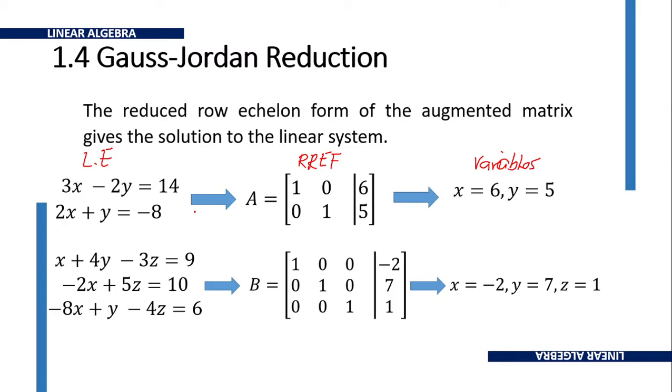Kinukuha din natin yung mga values ng mga variables. Okay? So, kung dito, ang ginagamit lang natin is Gauss-Jordan reduction. Okay? So, from linear equation, gagawin natin augmented matrix. Then, kukunin natin yung reduced row echelon form and kukunin natin yung mga values ng ating mga variables.